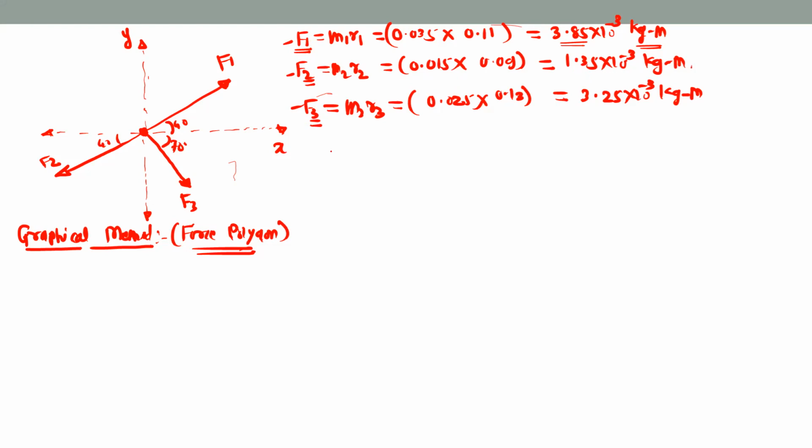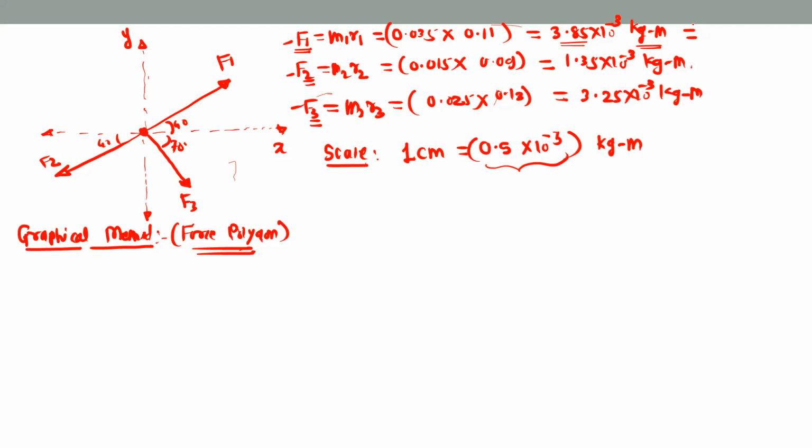So I will select here scale 1 centimeter equal to 0.5 into 10 raised to minus 3 kg meter. Okay. So you can convert F1, F2, and F3 into centimeters. Just divide these forces by this scale.